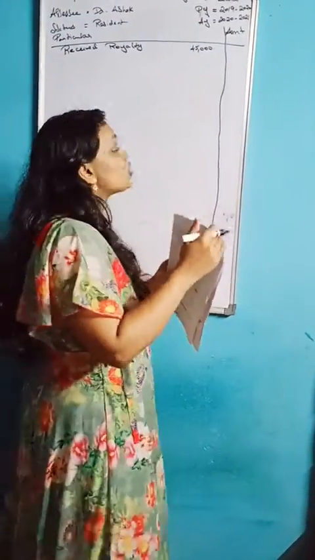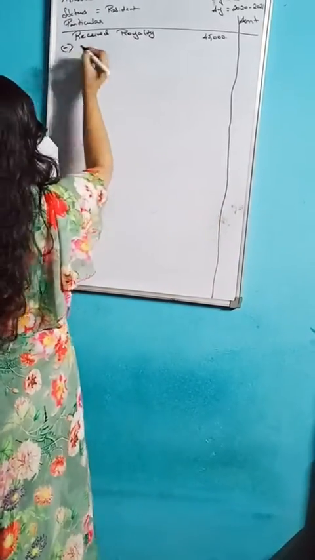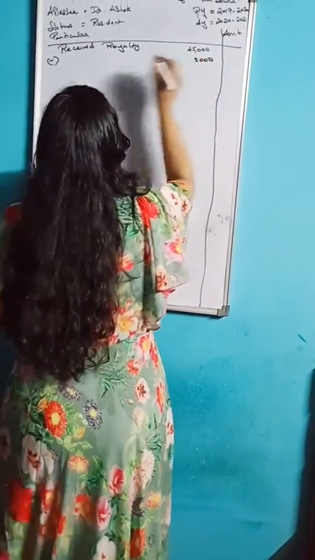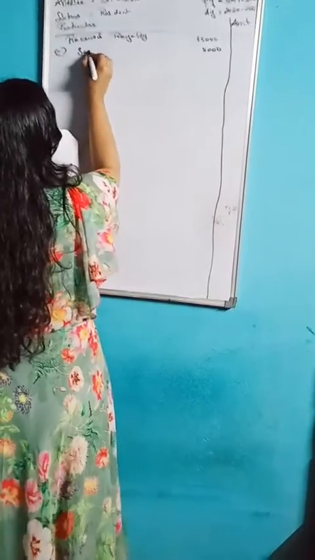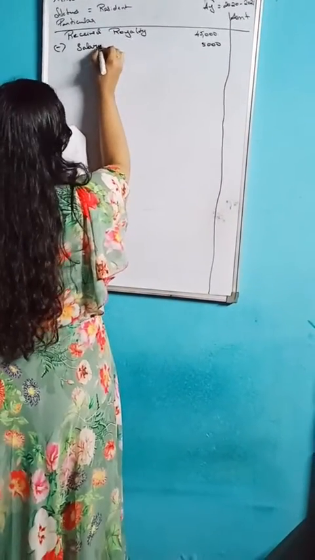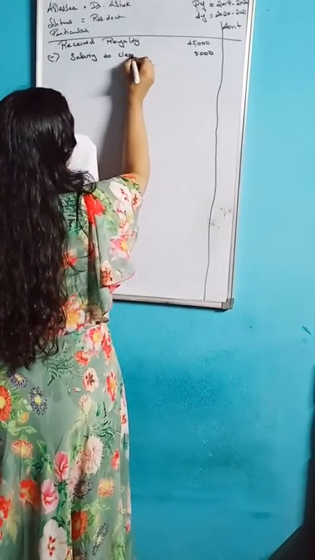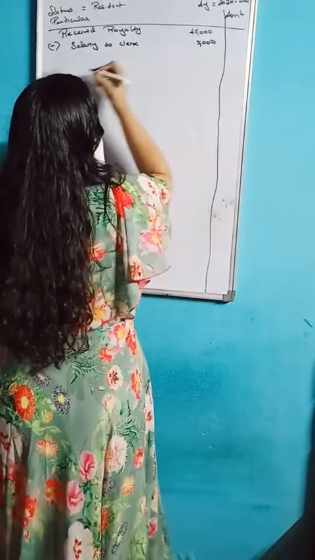In 45,000 what are the deductions? Let's see. Less deduction, that is salary to clerk, how much? 5,000. Okay, that is salary to clerk, 5,000.